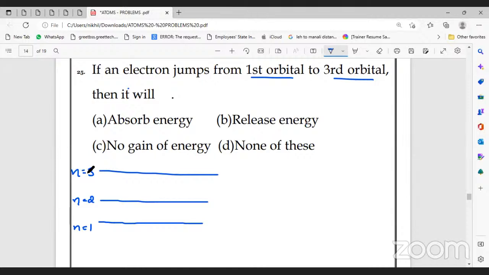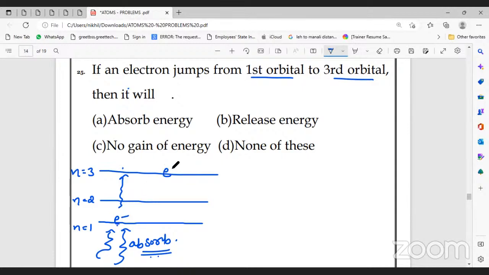You know that if an electron has to move from the first orbital to the third orbital, you have to supply energy. So the electron has to absorb the energy when it is moving from a lower orbit to a higher orbit.